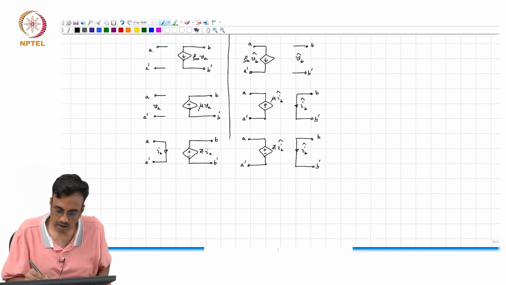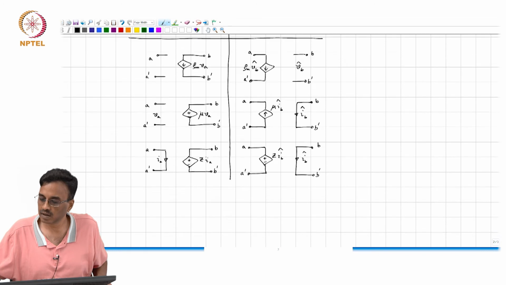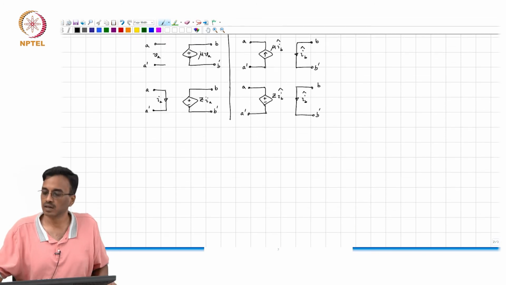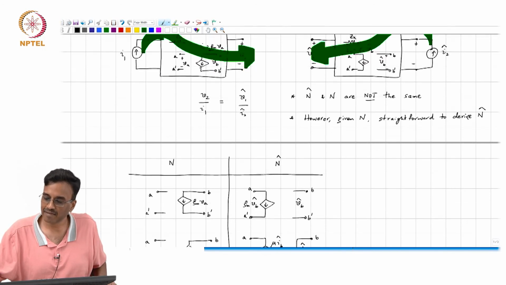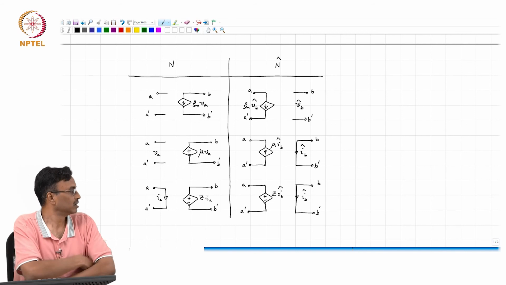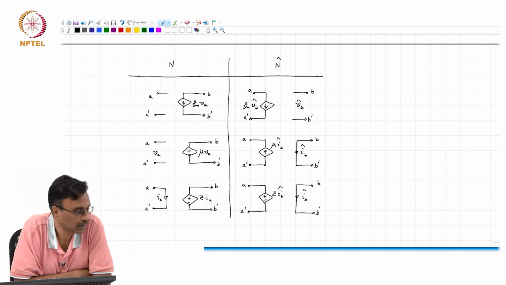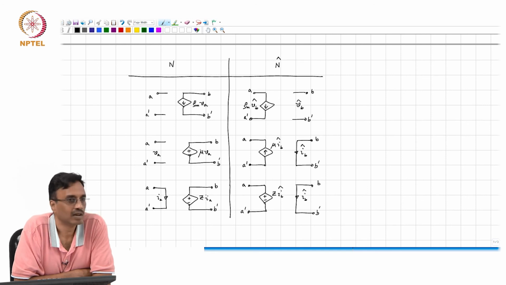So therefore, in summary, if you have an arbitrary linear network now, because of the three RLC passive elements plus all the 4 control sources, with these 4, you can form any linear network that you want, correct.